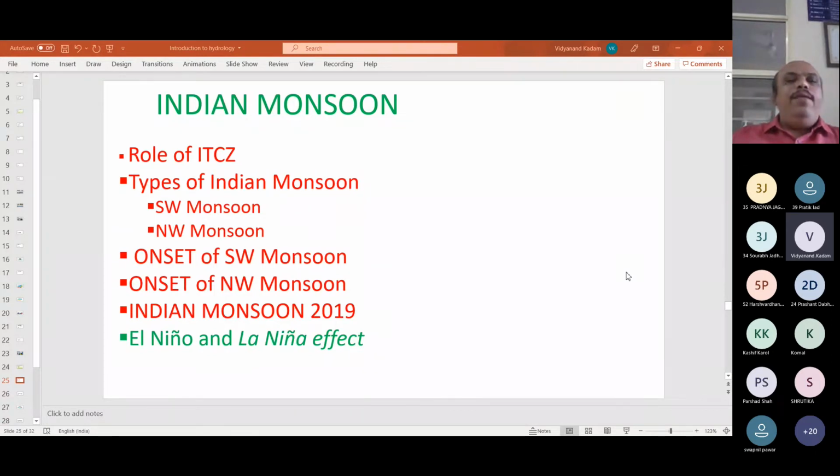What is the role of ITCZ, that is Intertropical Convergence Zone? Then the Indian monsoon is divided into two types. One is the southwest monsoon, also known as the onset monsoon, and the northeast monsoon, known as the retreating monsoon. Okay, so let us start.